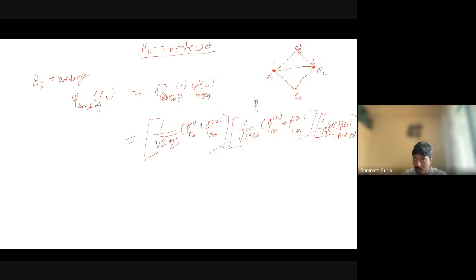Alpha is the upspin, and beta is the downspin.